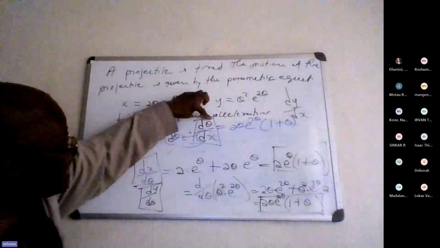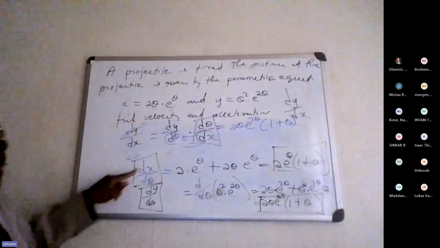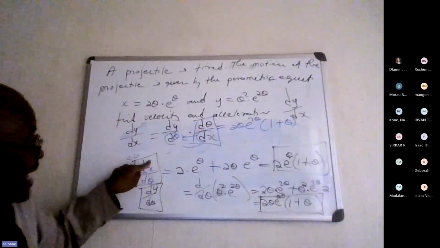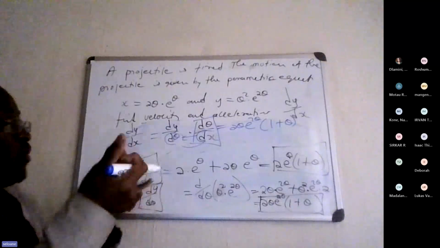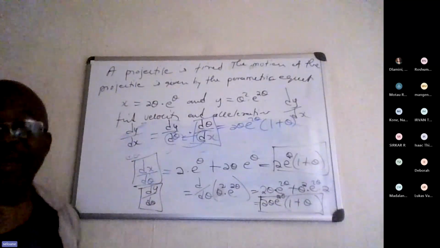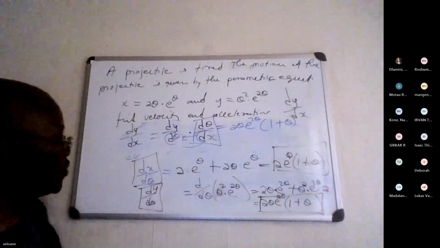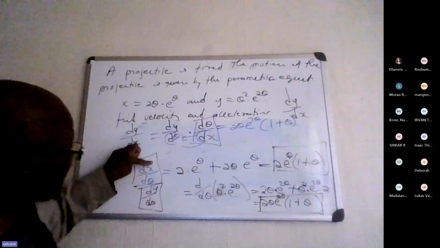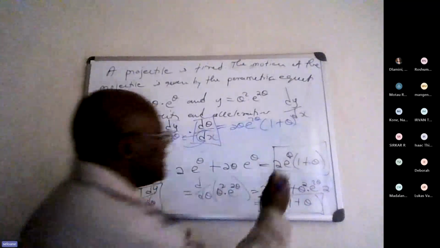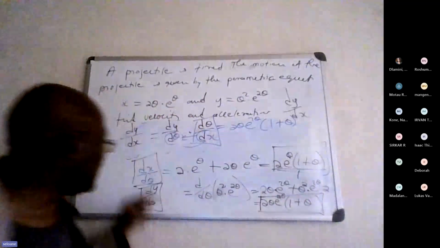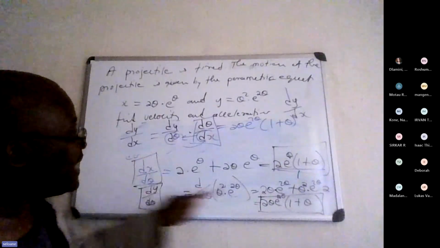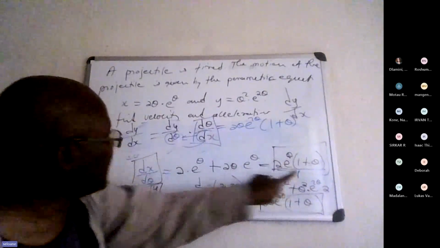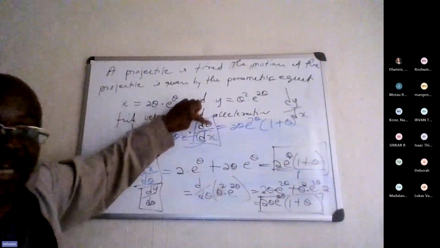Therefore, how do you get d theta dx from what we have, which is dx d theta? You just simply reciprocate this. Therefore, if dx d theta is this over 1, then what will be d theta?